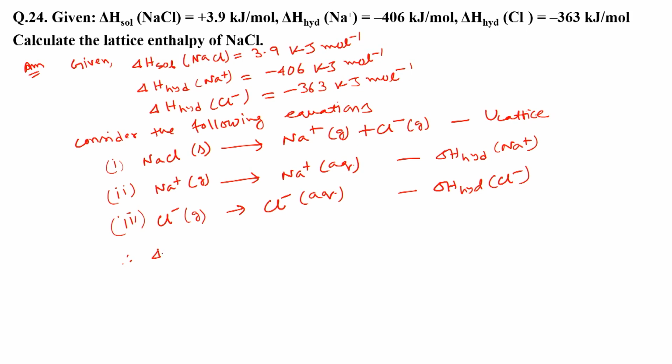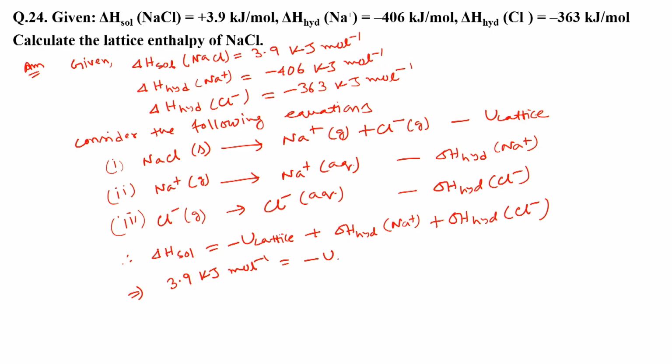Therefore, delta H solvation will be minus U lattice plus delta H hydration of Na+ plus delta H hydration of Cl-. Now, delta H solvation is given, so this is 3.9 kilojoule per mole.